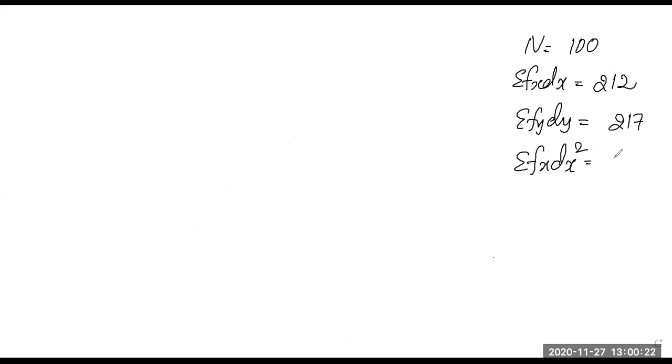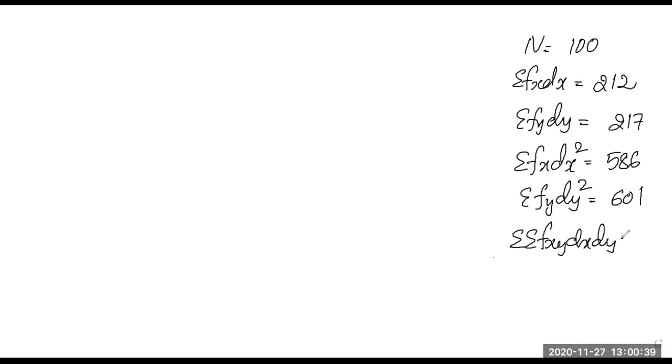Summation fx dx is 212. Summation fy dy is 217. Summation fx dx square is equal to 586. Summation fy dy square is equal to 601. Double summation fxy dx dy is equal to 541.